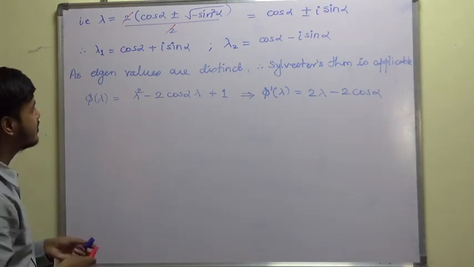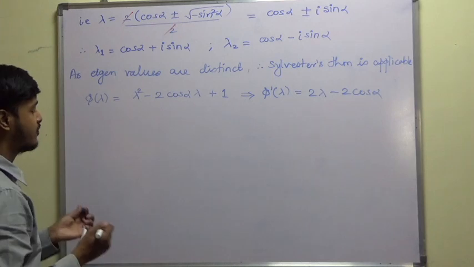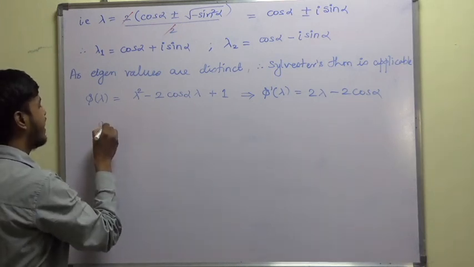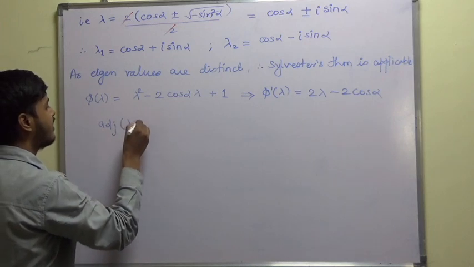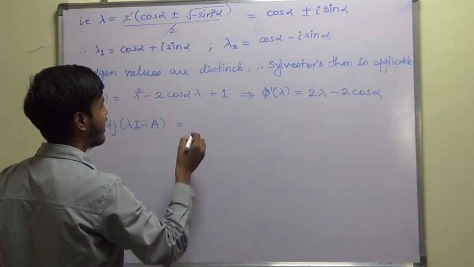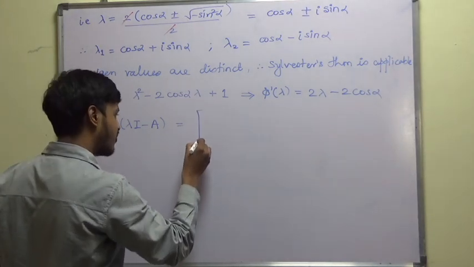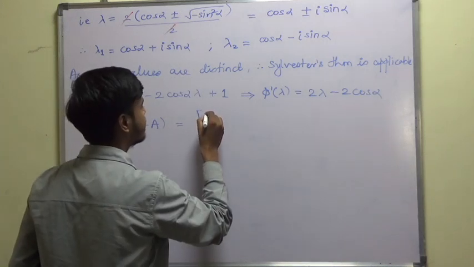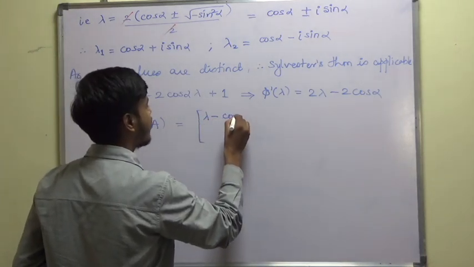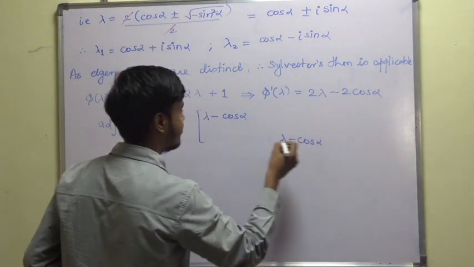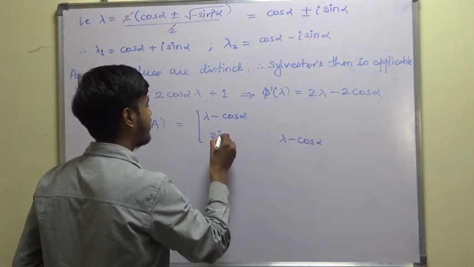Now let us find out the adjoint of this. That completes the second step. Now the third step, adjoint of lambda I minus a. So what is adjoint of lambda I minus a? Swap the diagonal elements, that is lambda minus cos alpha, lambda minus cos alpha, and give a minus sign to the non-diagonal elements.